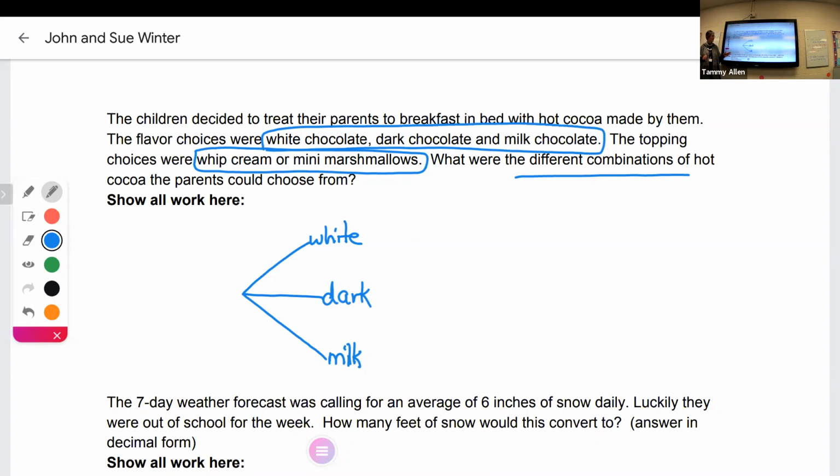Then off of those, we have toppings of whipped cream or mini marshmallows. Okay? So if I chose white chocolate, I have two choices off of that. I could choose whipped cream, or I could choose mini marshmallows. And again, I'm just using the first part of it.